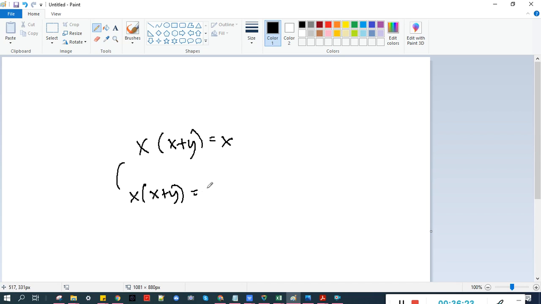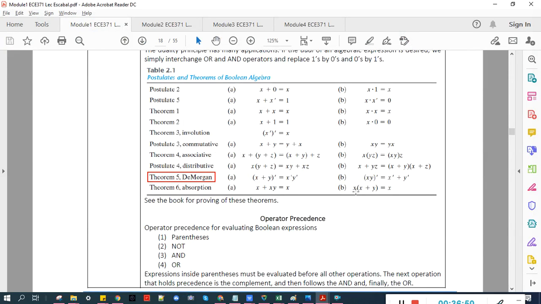Here we can apply the distributive property. Then by factoring, we'll go back to the earlier form, which is x times 1 plus y, and this is 1. So x. That's why it's x, and the quantity x AND x or y is equal to x.